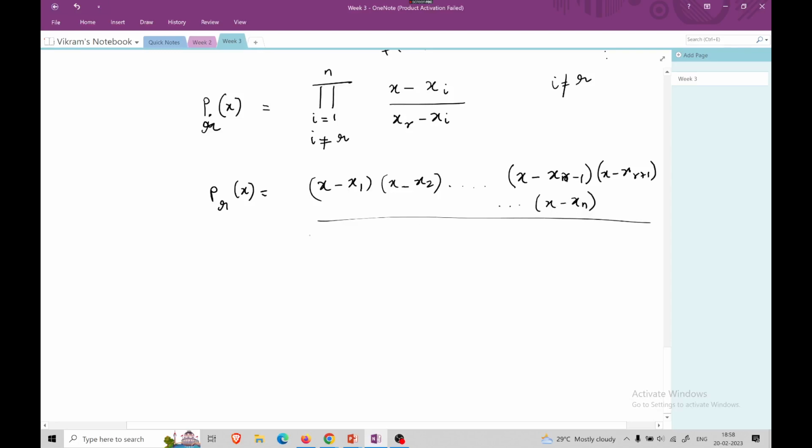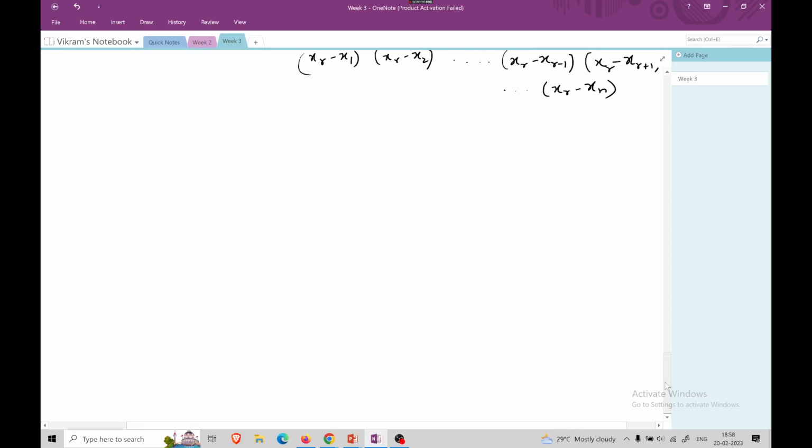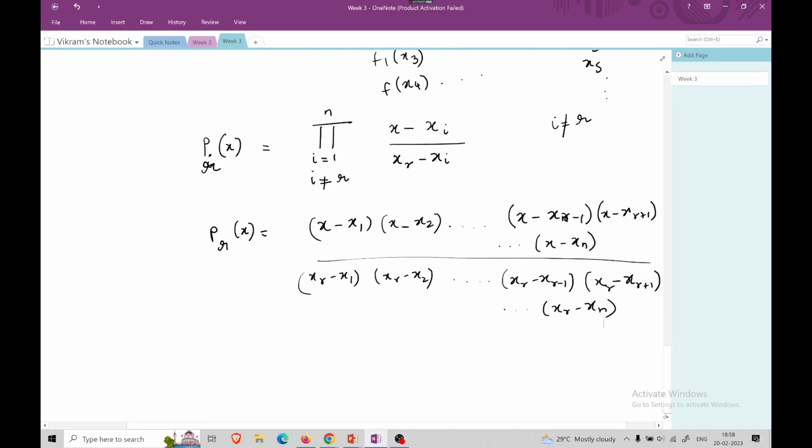Then the denominator: xr minus x1, xr minus x2, up to xr minus x of r minus 1, xr minus x of r plus 1, up to xr minus xn. So this is the Lagrangian polynomial. I hope till here there is no doubt. You would have already seen this in the lecture classes.